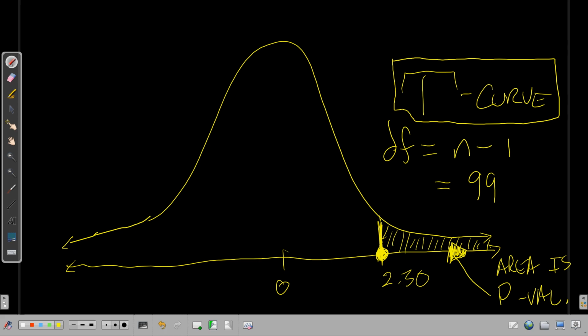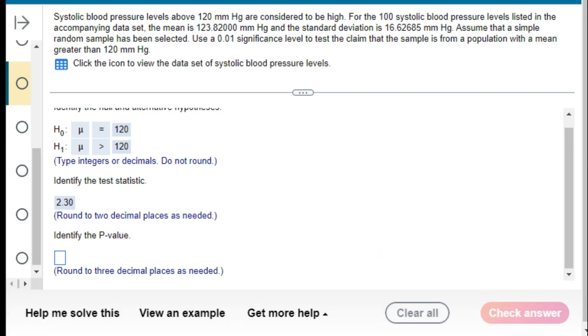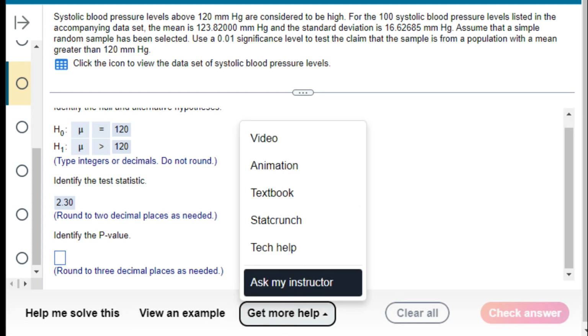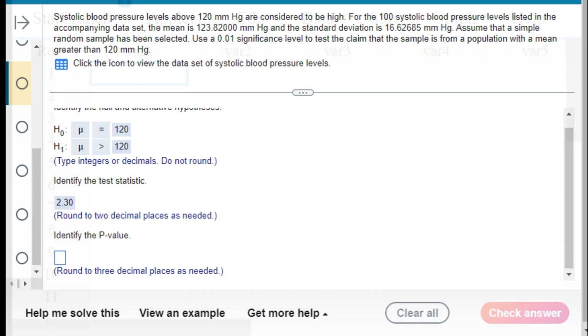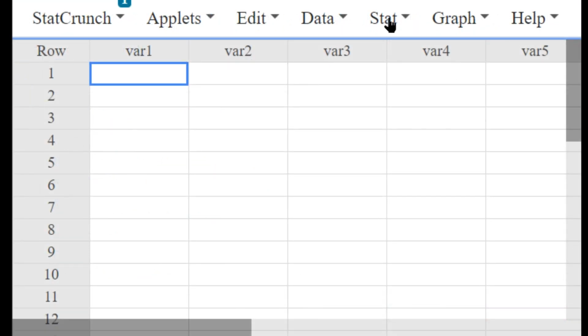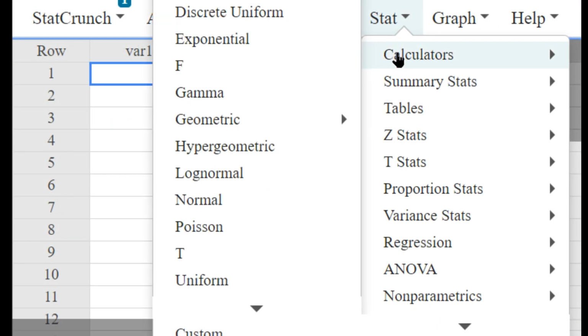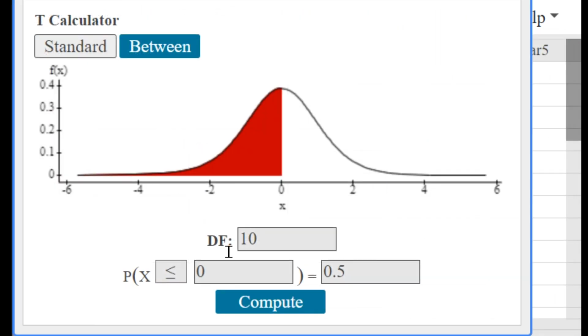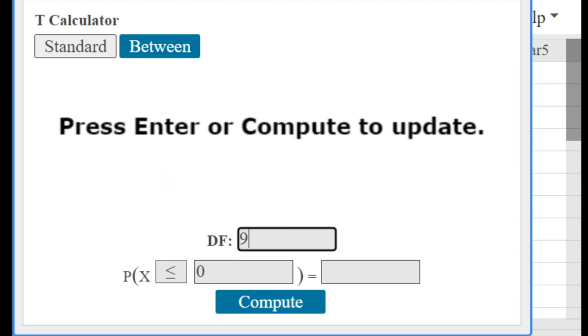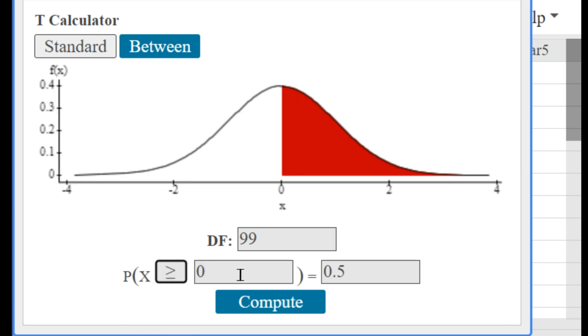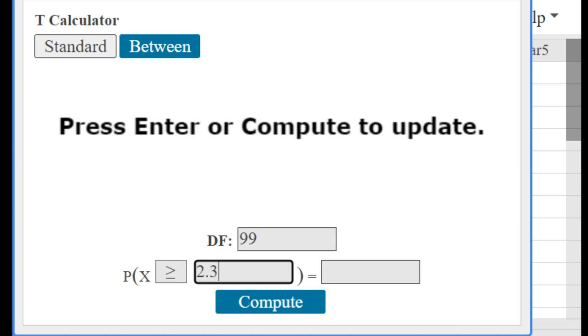To get that area, I'll just go to StatCrunch. You can click Get More Help, StatCrunch. Your StatCrunch window opens. You'd go to Stat, Calculators, T. All right, here's my T calculator. We already said my degrees of freedom was 99 because that's 100 minus 1. And I would like to know what the area is past 2.30.